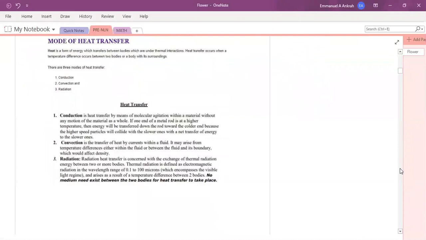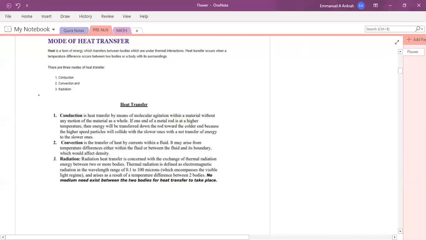So we all know that heat is a form of energy which is transferred between bodies which are under thermal interactions, right? Now, heat transfer occurs when a temperature difference exists between two bodies or a body and its surroundings.